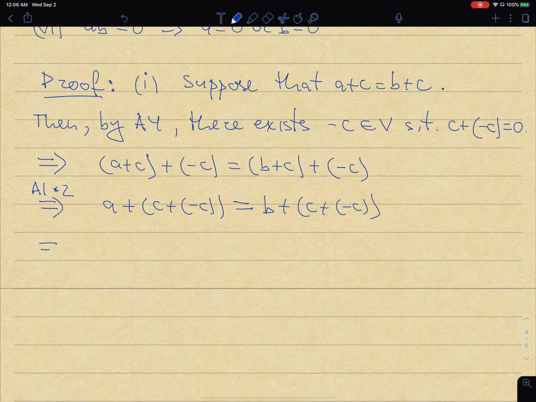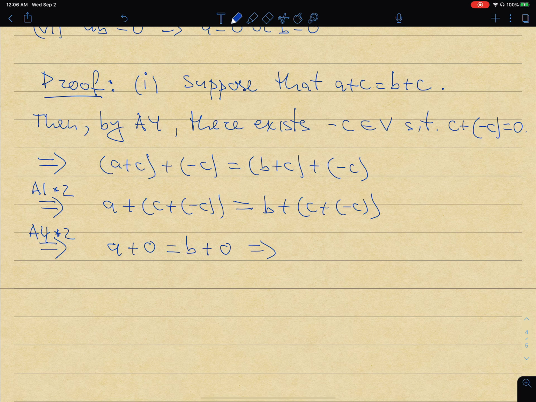Now, I know that by A4, C plus minus C is 0. So A4 twice will give me A plus C plus minus C, which is 0, is equal to B plus C plus minus C. The first time I'm using A4 here, and the second time using A4 there. So I get A plus 0 is equal to B plus 0.